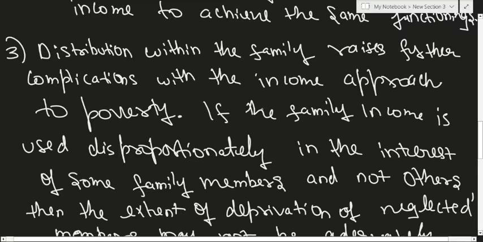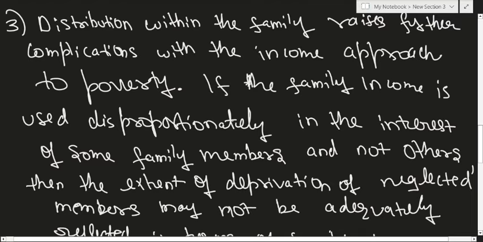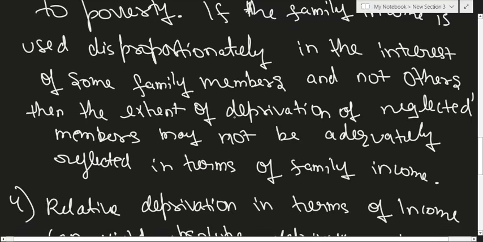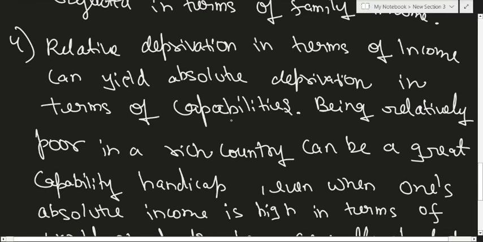Now, there can be a case where the family income is disproportionately skewed towards some individuals, say towards the boy child more and less towards the girl child. This factor would not be accounted for in income distribution surveys. It can also be relative deprivation.